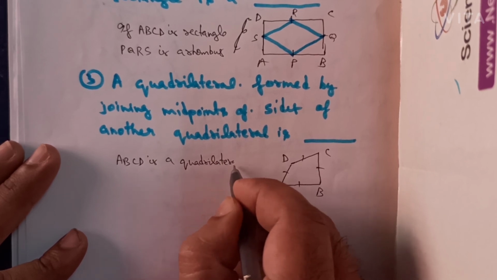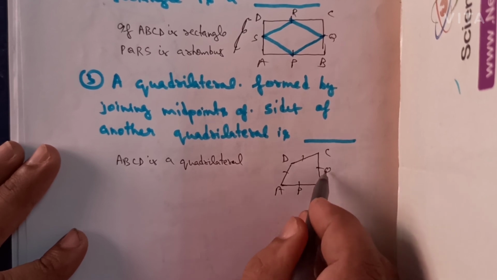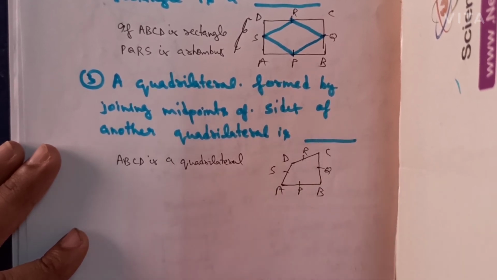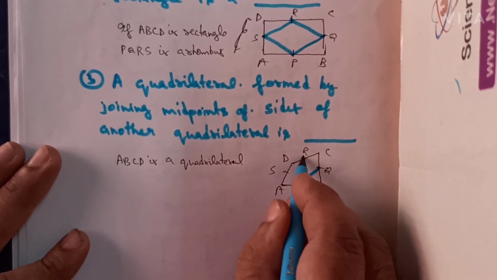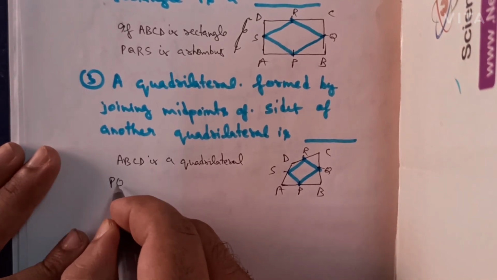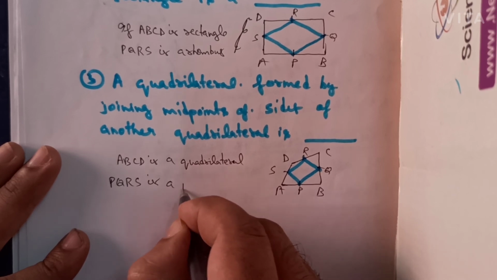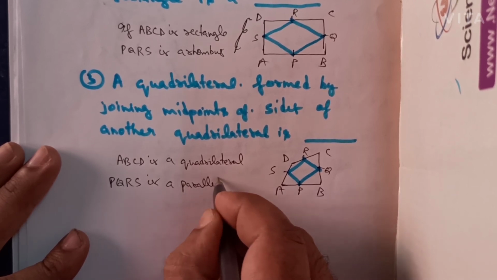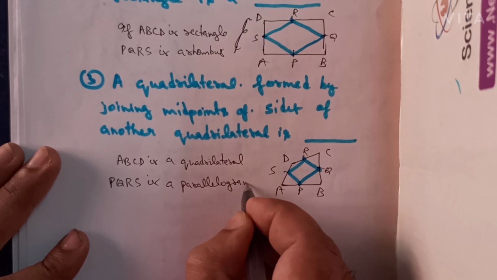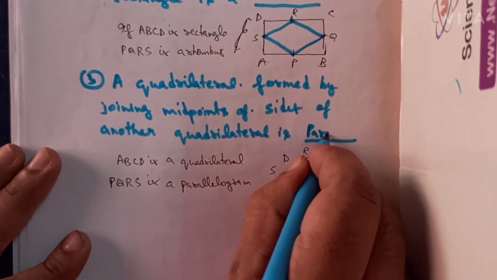So if we join the midpoints PQRS of the sides of the quadrilateral, then the figure formed, PQRS, is a parallelogram. Okay, so it is a parallelogram.